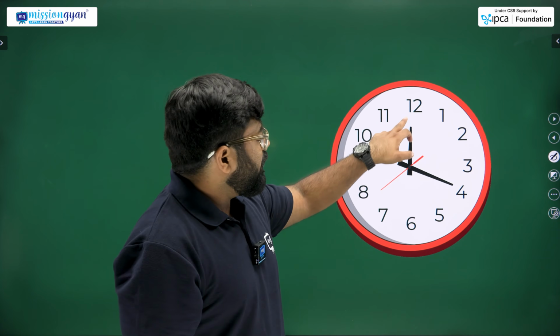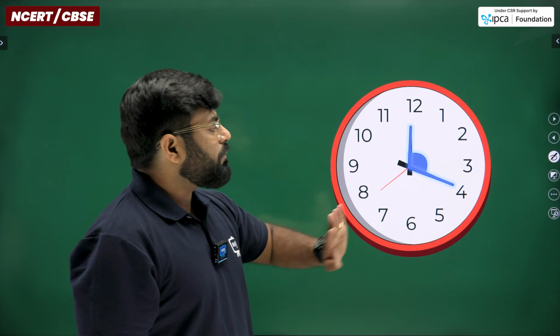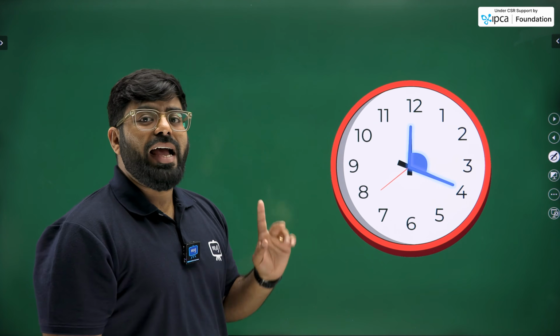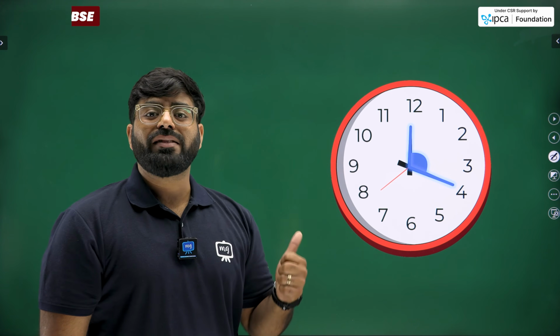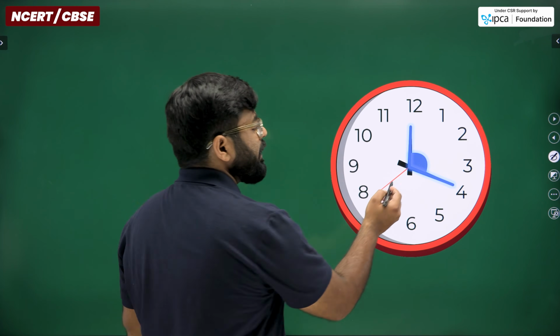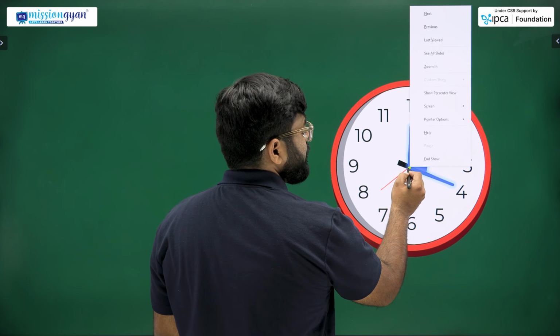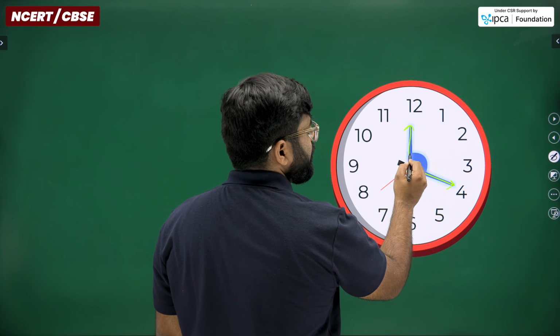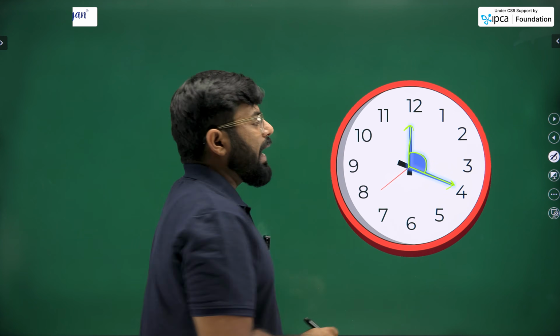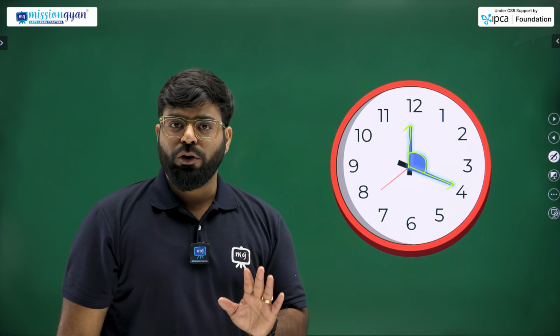Yes, we can see this is an angle. That means the angle formed between the minute hand and the hour hand. Why? Because those are the two rays. If I take this as a starting point, this is a ray and this one is a ray. That means the distance between both of them is called the angle. I hope it is understood.